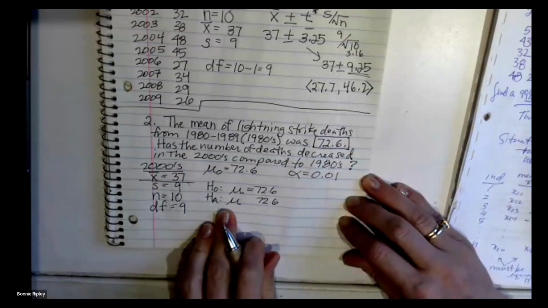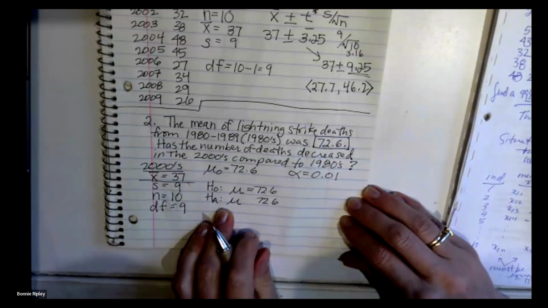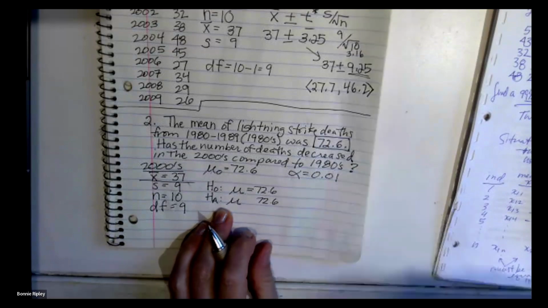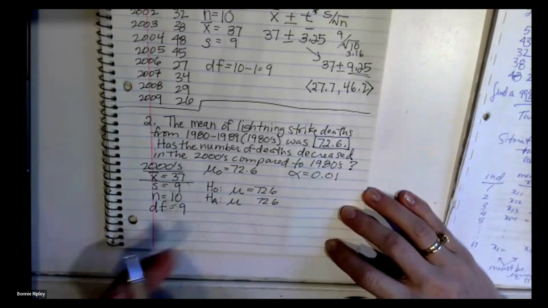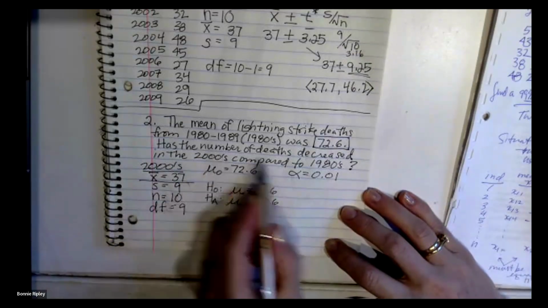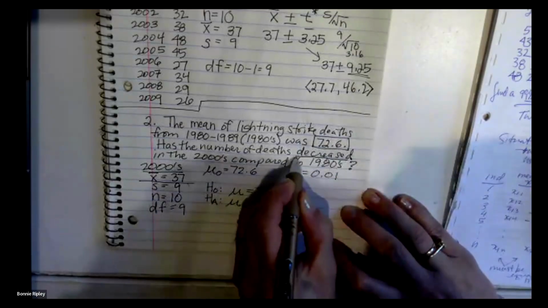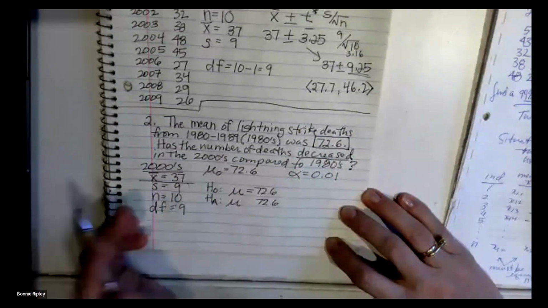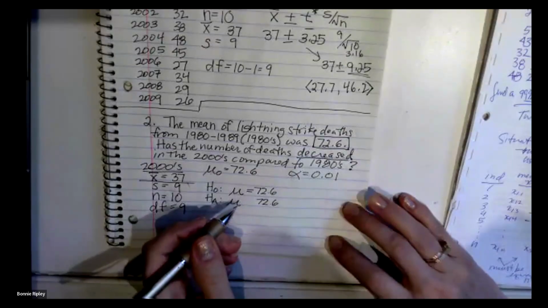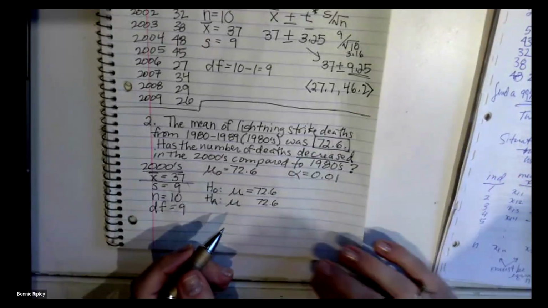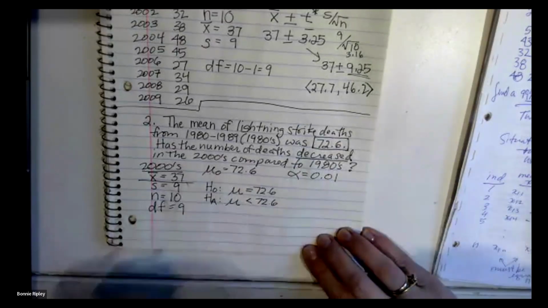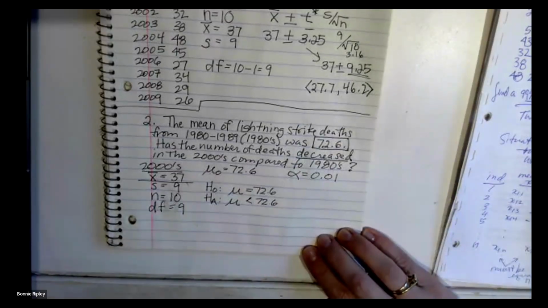Now we're going to have mu does not equal, is less than, or greater than 72.6. So when we're writing our alternate hypothesis, we need to take into account what the research question is asking, or what we're expecting to see. And this question is asking, has the number of deaths decreased? Is our mean thus going to be less than 72.6?